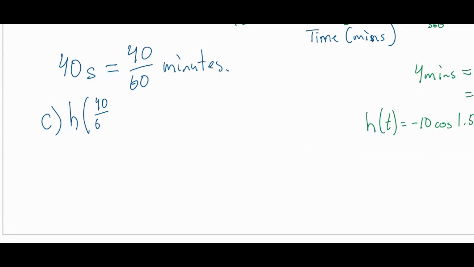We're going to do it in minutes. And I'd like you to use your calculator to try both of these. So this is 90 times 40 over 60 plus 25. You're going to punch that whole thing in.